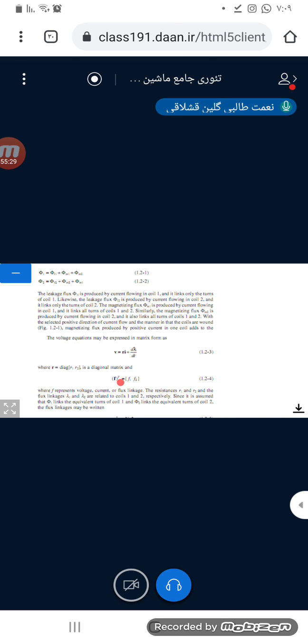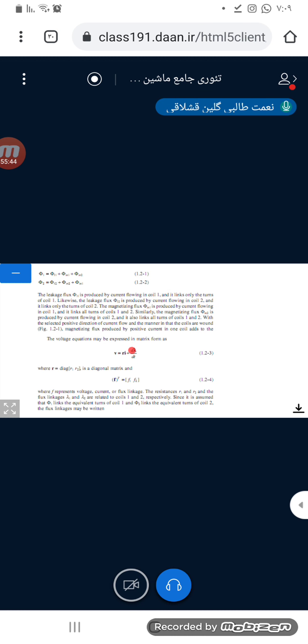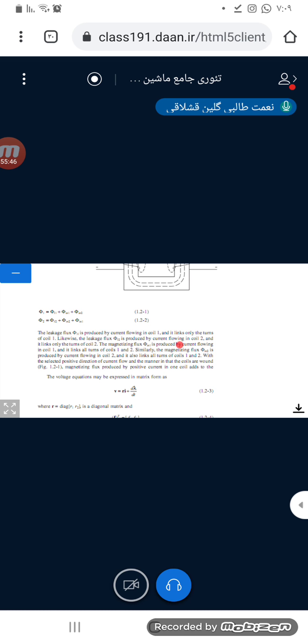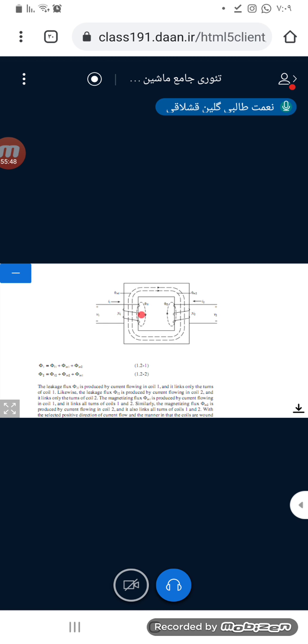So we say that V means the voltage vector, R means the resistance, lambda means the flux linkage, with V1, V2, I1, I2 for this circuit and for this one, and lambda means lambda 1 and lambda 2.